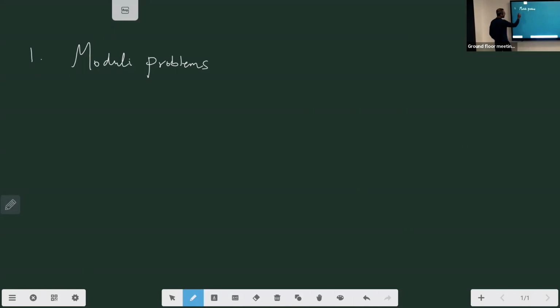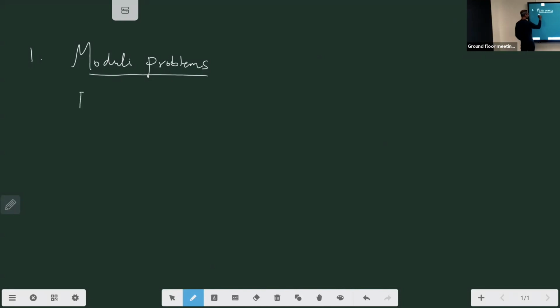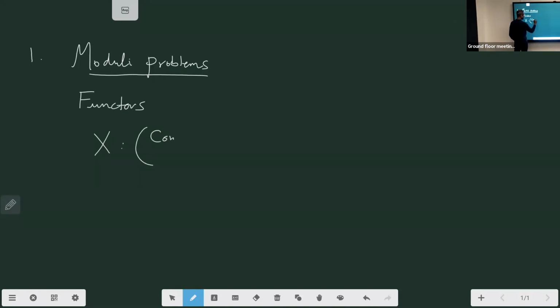So what are moduli problems? In the framework I want to talk about them, there will be certain functors. So what are these? There will be functors from commutative algebras over some k. So what is k?